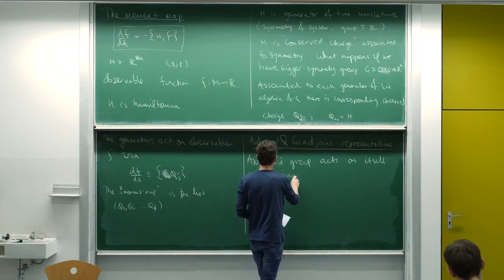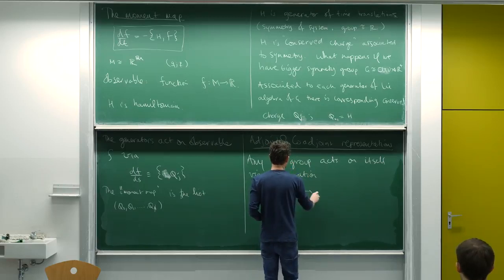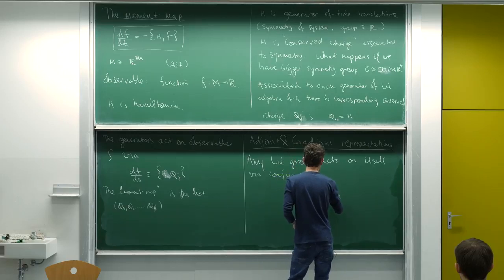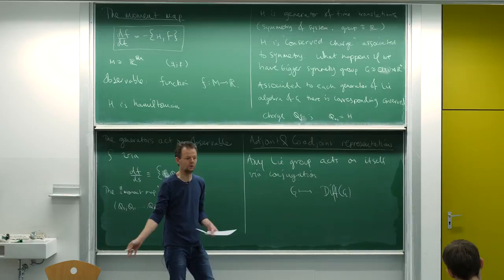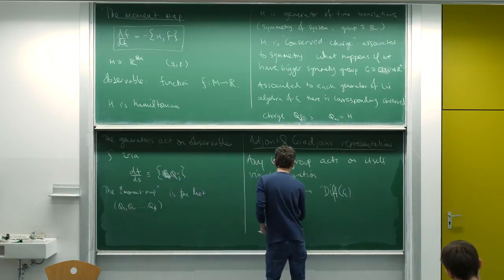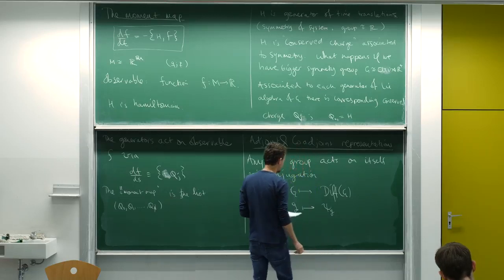So let's explore conjugation for a little bit. That means that every element of the group gives rise to a diffeomorphism of the group itself. And we write the diffeomorphism as psi g.